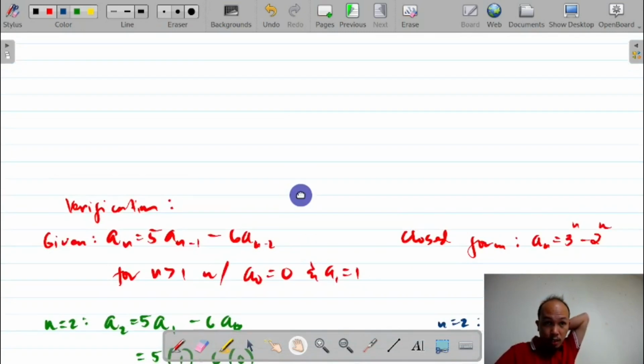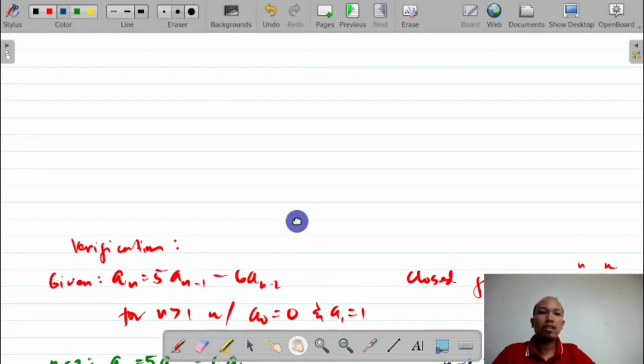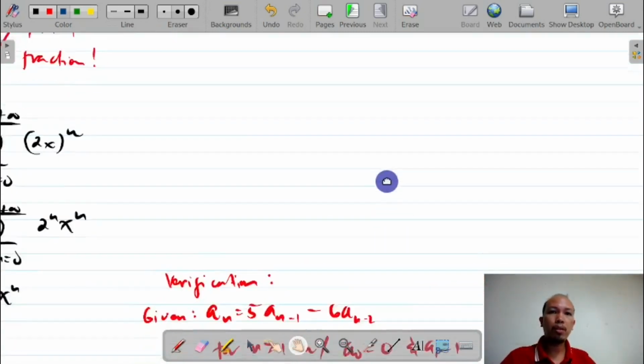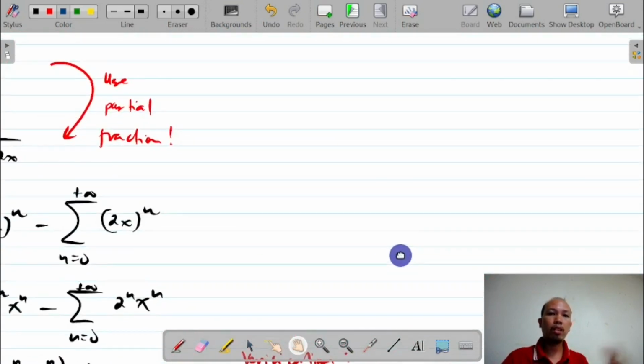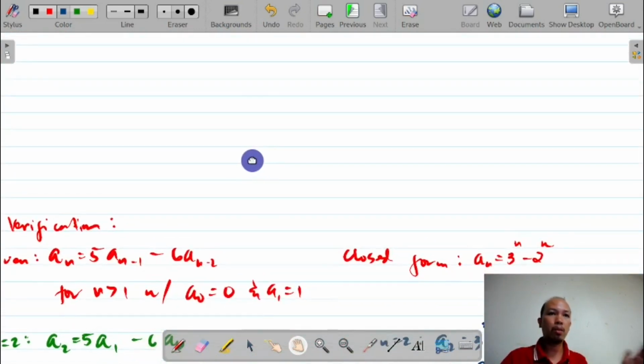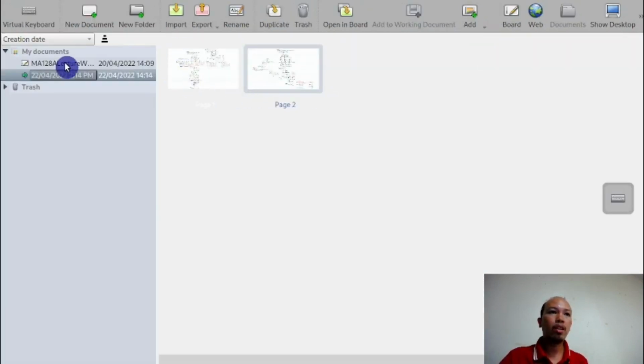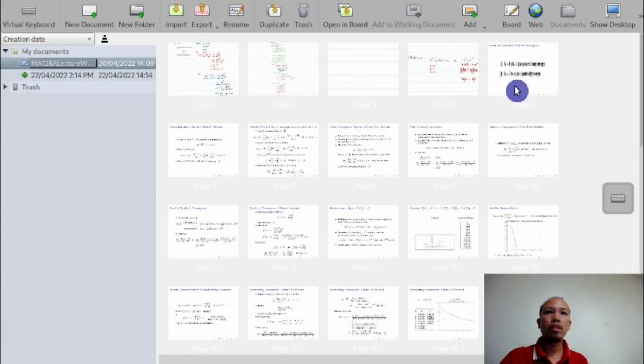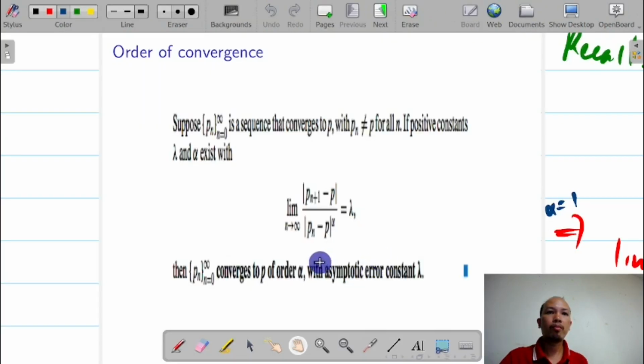Okay, so just like before, if you want to get the order of convergence, it will be easier if you use our formula.